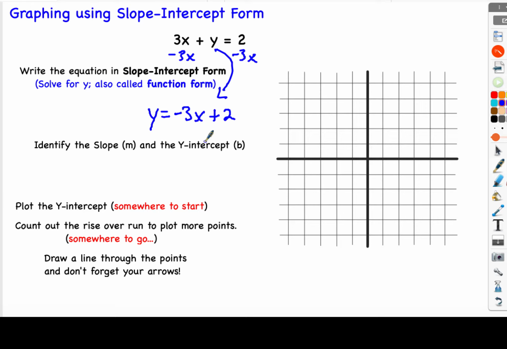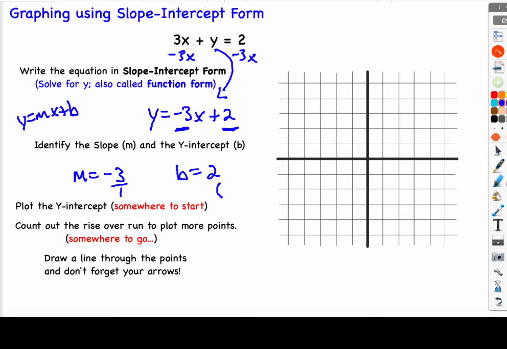Then I can identify, again, from my y equals mx plus b formula, the number multiplied by x will be my slope, that negative 3. Or if you prefer to think of slope as a ratio, we can say that's negative 3 over 1. And my b value, or my y-intercept, again, will be that positive 2, right? It's always mx plus b.